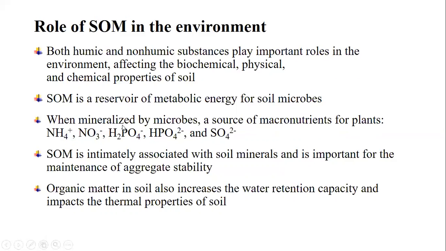So the mineralization or decomposition of organic matter releases many macronutrients that are essential for plants. Among those, ammonium and nitrate, these are the nitrogen ions, and then H2PO4- and HPO4 2-, these are the two main ions of phosphorus that are taken by plants, and then sulfate.